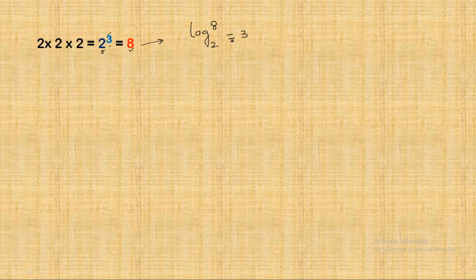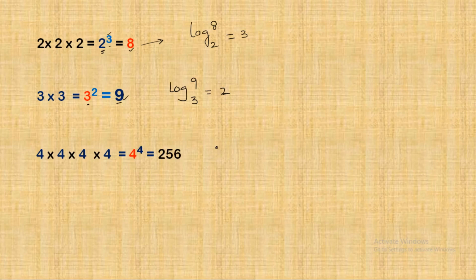We'll see one more example. Here the exponential form is 3 square is equal to 9. As I told you earlier, first we have to look at the value of the exponent, that is 9, and here I will write it as logarithm of 9 to the base 3. The base is the same as in the exponential form, so that is 3, and the remaining quantity is 2. Let us see one more example.